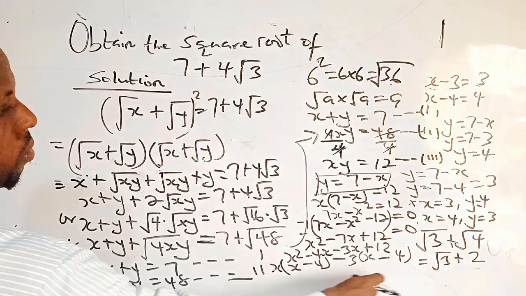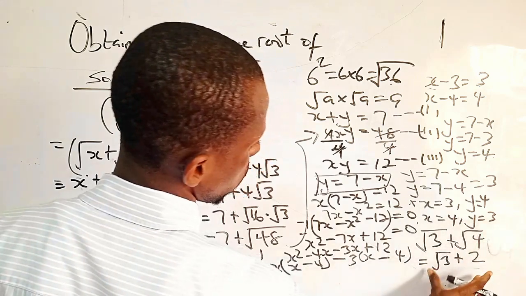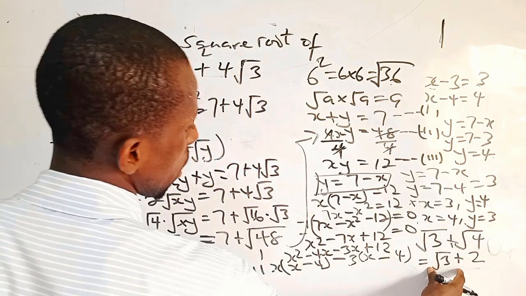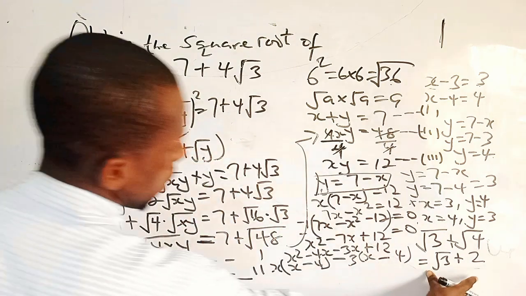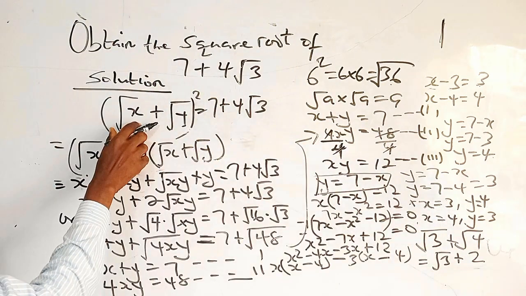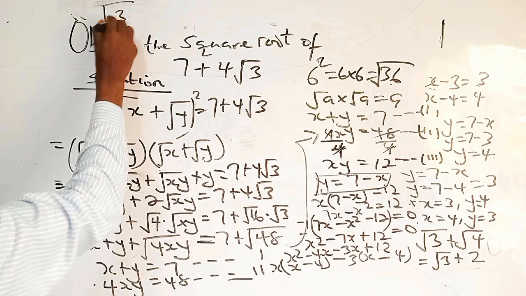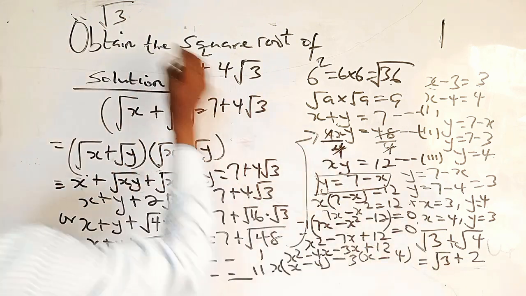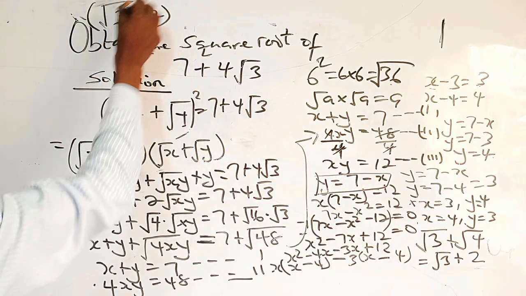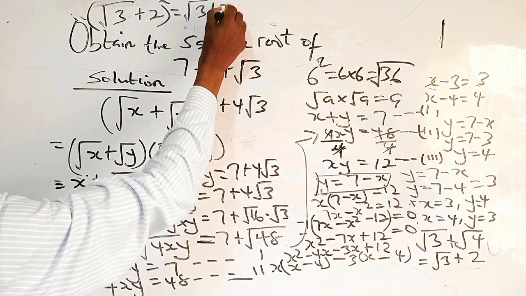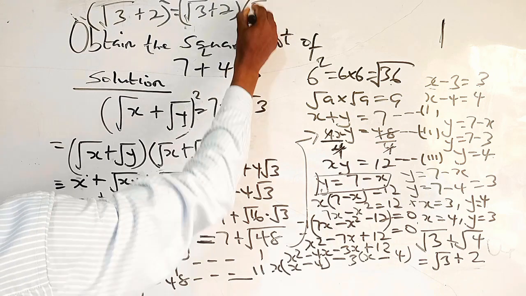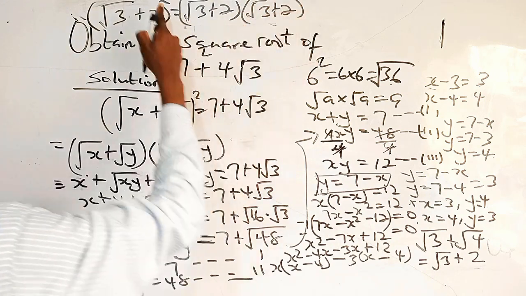If I use the second one, I will still have the same result. To check it, fix it back here and look for the square of this: root 3 plus 2, squared.